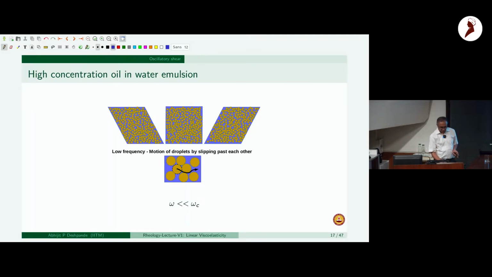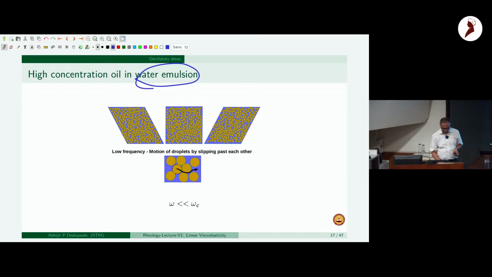And actually an oil and water emulsion at very high drop fraction is one of the few materials which shows Maxwellian response, because otherwise there are not many real materials which show reasonably close behavior to Maxwell response.